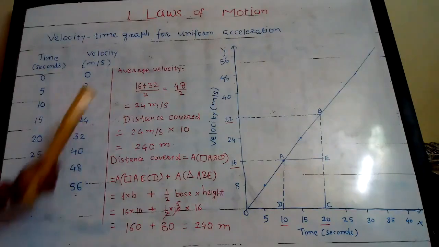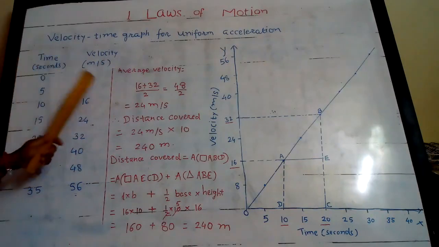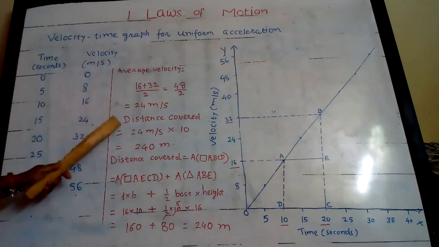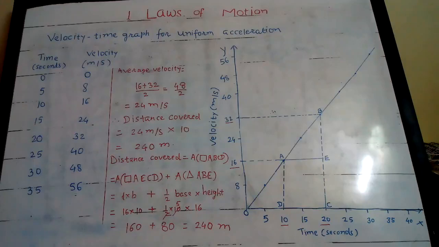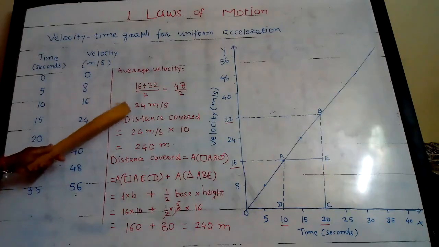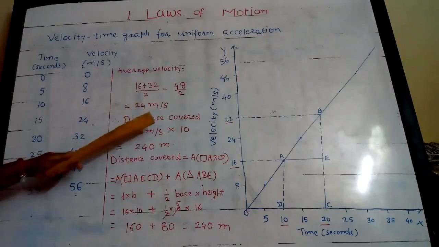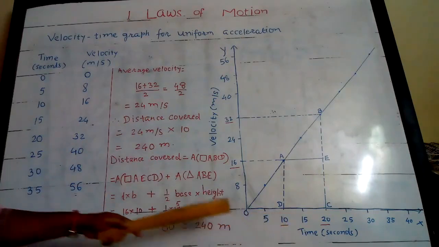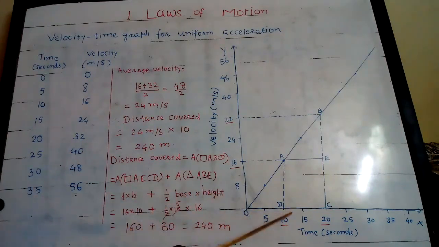Now this is one method to calculate the average velocity of the car. Then we have to calculate the distance covered. For distance covered, we have calculated the average velocity, 24 meters per second, and we calculate over this time interval, here 5 plus 5, that is 10.